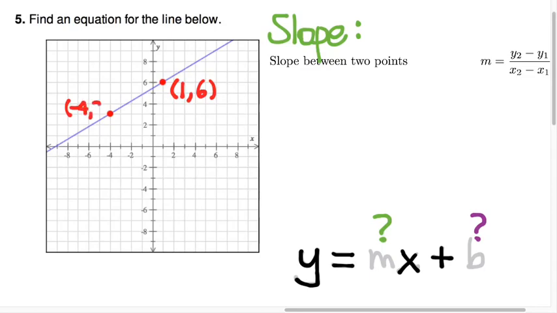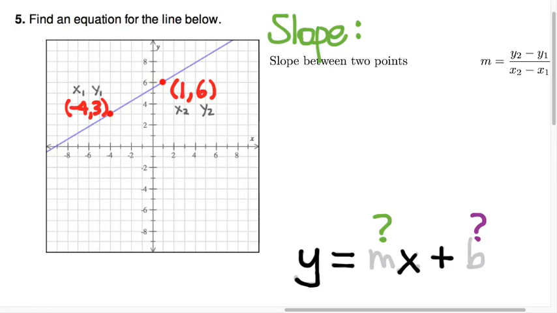So we can reasonably infer that the coordinates -4, 3, and 1, 6 are points that lie on this line. And then if we use those as our points, we can choose x1, y1, x2, y2 in whichever order that we like, as long as we're consistent. So maybe we'll make this one our point x1, y1, and this one x2, y2.